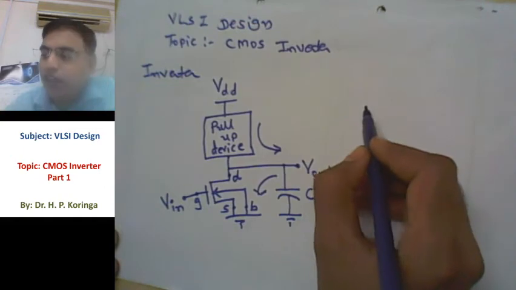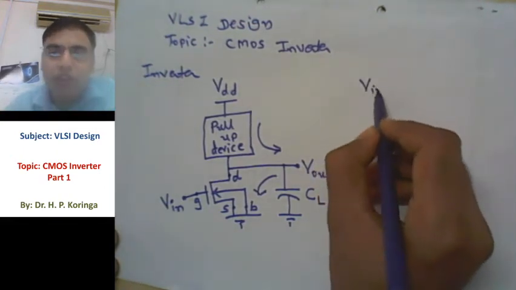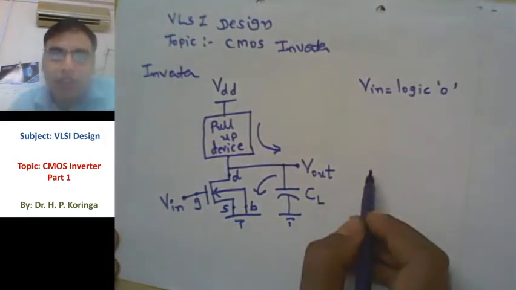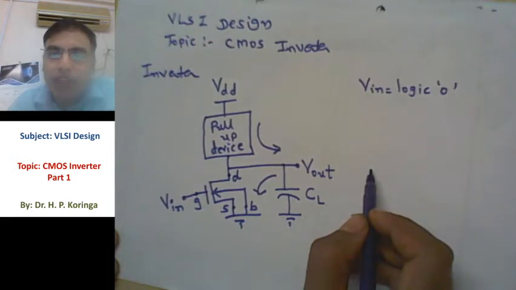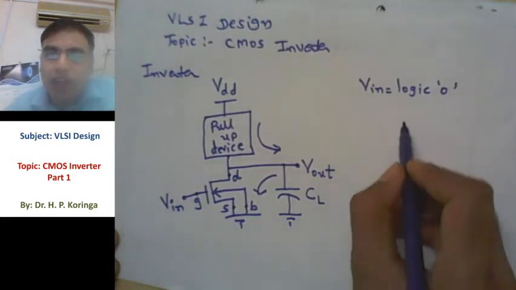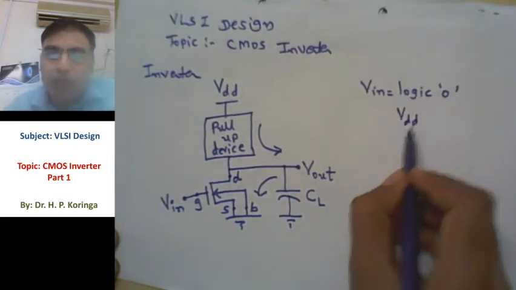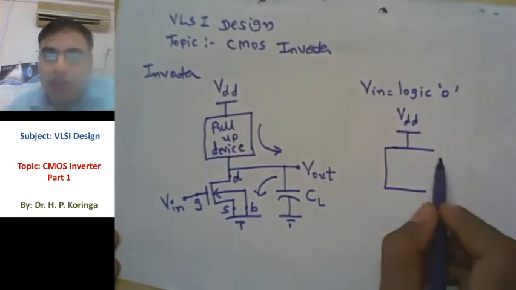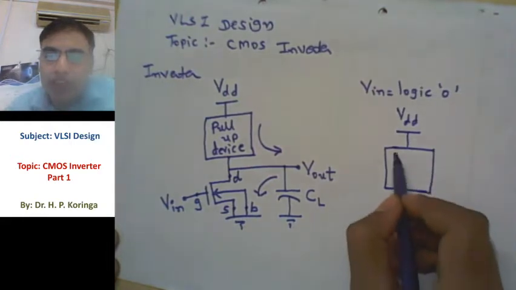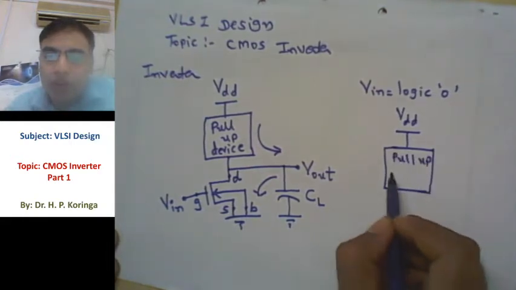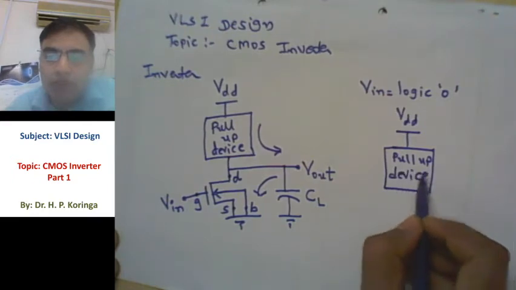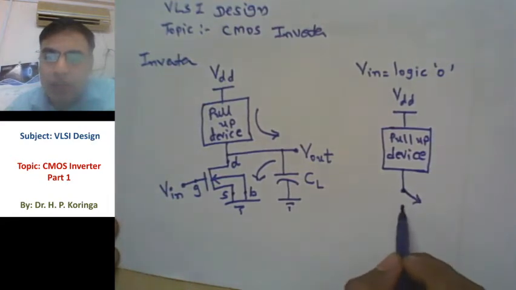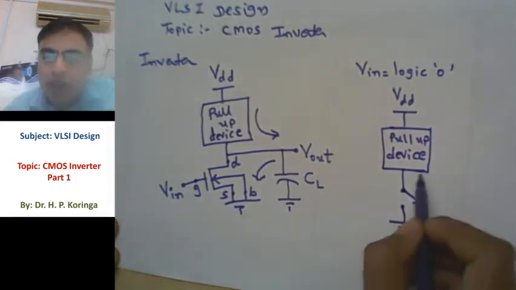So let's say when our input is logic 0, then the driver MOSFET operates in the cutoff region, and the output is pulled up, meaning the load capacitor is charged through the pull-up device.